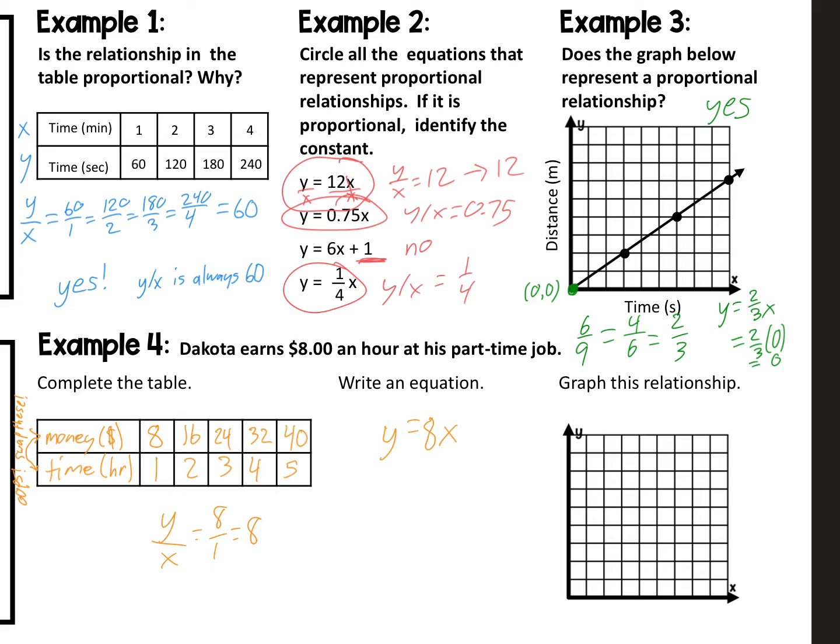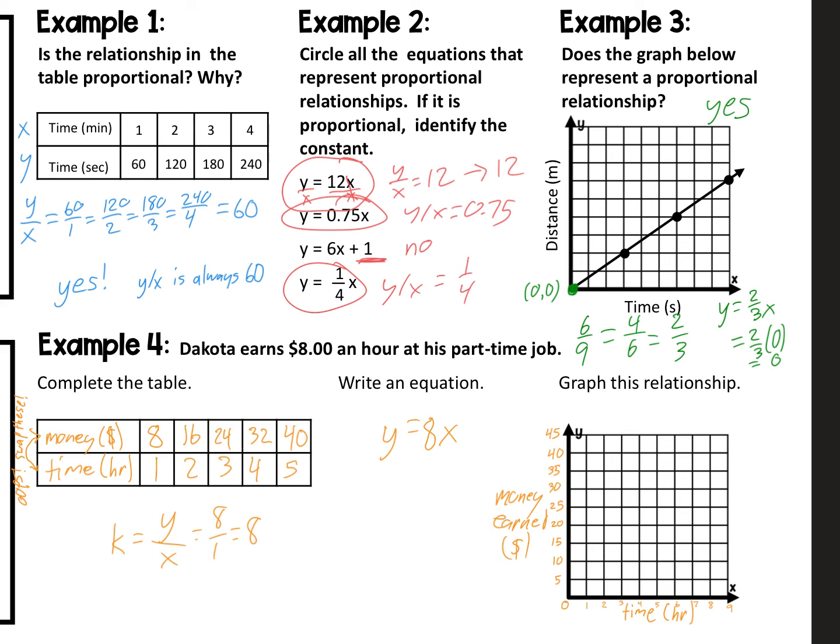Finally, we can graph the relationship by putting our x values on the x-axis, so our time is on the x-axis, and our y values on the y-axis, so our money earned is on the y-axis, and we're going to plot our points. Notice how, because we're going so high on the y-axis, I'm not counting by ones on the y-axis.